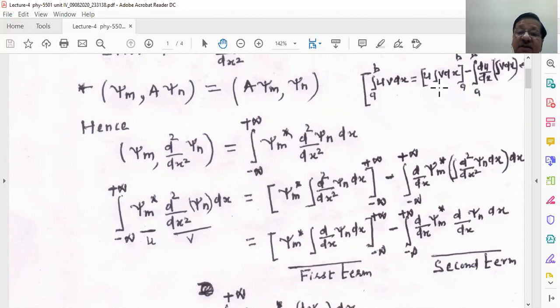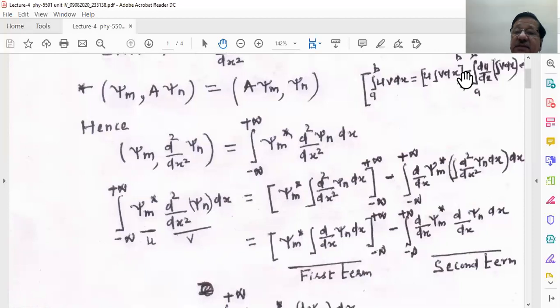Then the integration of v dx, where v is d square by dx square psi, integrated with respect to dx, and this entire thing is evaluated from a to b. Lower limit is a, upper limit is b, or lower limit is minus infinity and upper limit is plus infinity, so I write minus infinity to plus infinity.